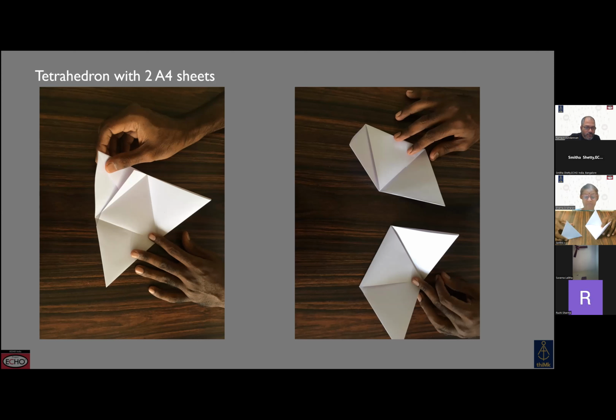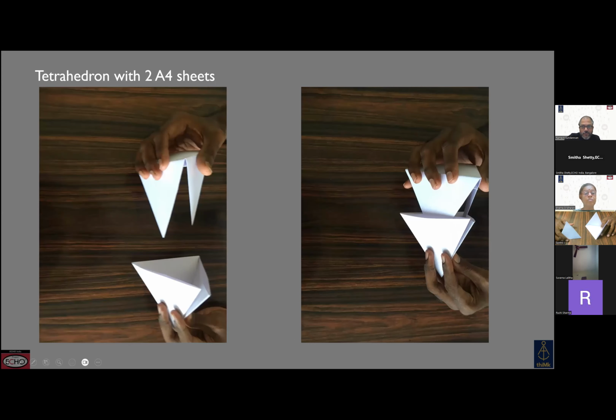And the next slide. You see where it's getting inserted. You see both like a triangle like this. Now you're going to lock these two and then get this third shape.